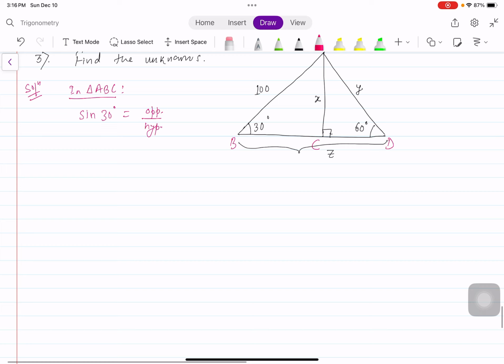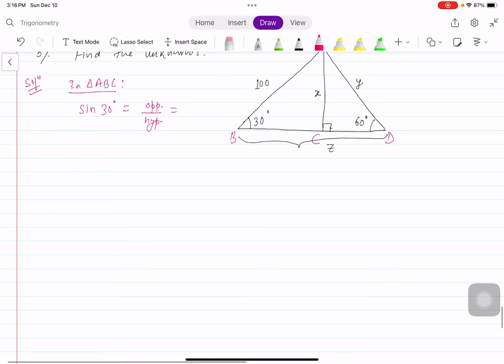So opposite and hypotenuse are always related with sine. So put in the values. Opposite is x, hypotenuse is 100. So x is 100 times sine 30 degrees. In this case, since we know the value, which is 1 over 2, there is no need to use a calculator. I always avoid using a calculator.